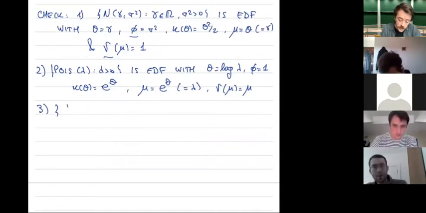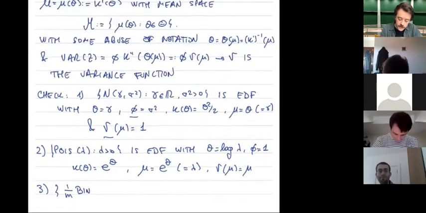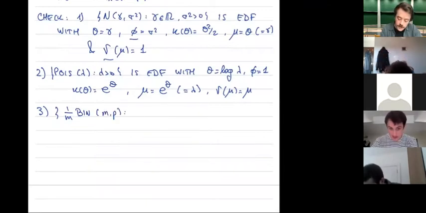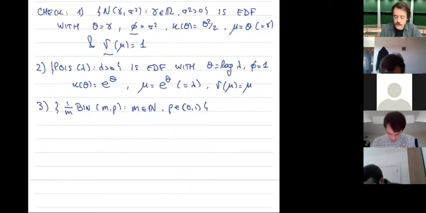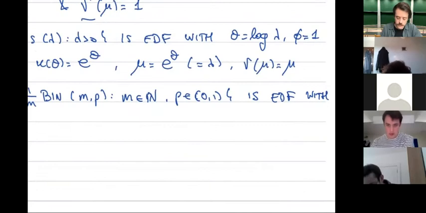So this is the binomial distribution, but we need to rescale it by one of its parameters, so by the m in here. So the m is this number of experiments, sort of Bernoulli experiments, and p is between 0 and 1. So again, this is an EDF with the following.